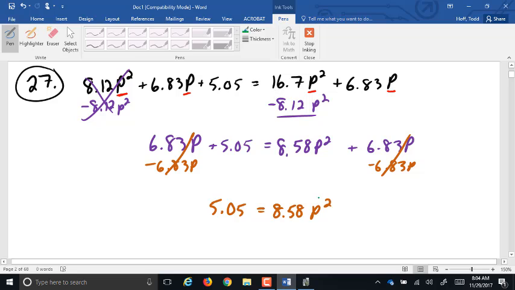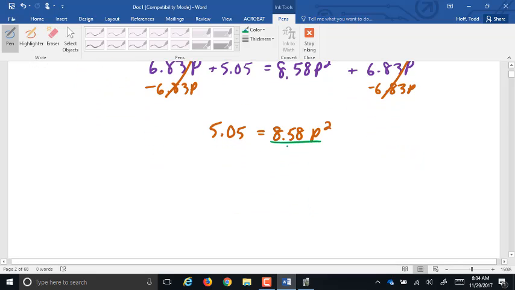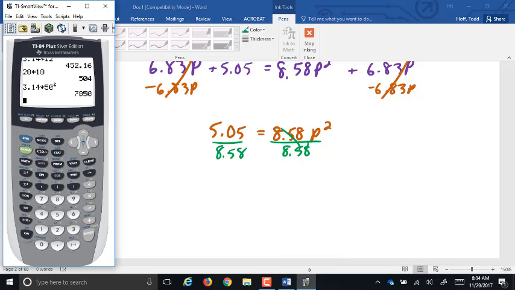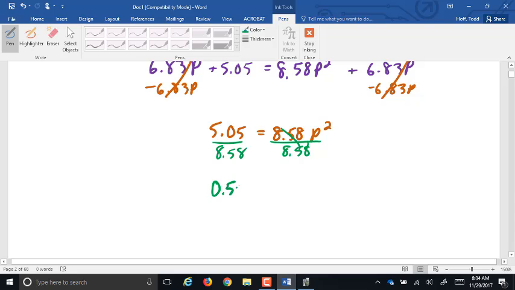Now if I look at this, p has been squared, and then it was multiplied by 8.58. So to solve it, we are going to divide by 8.58 first. So 5.05 divided by 8.58 gives us an ugly decimal. We're going to call it 0.589 for now.